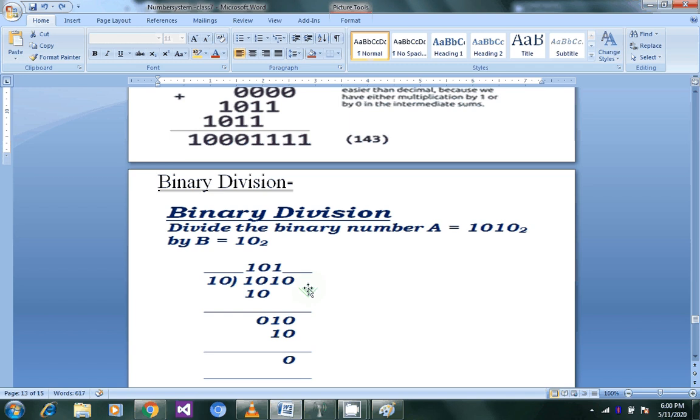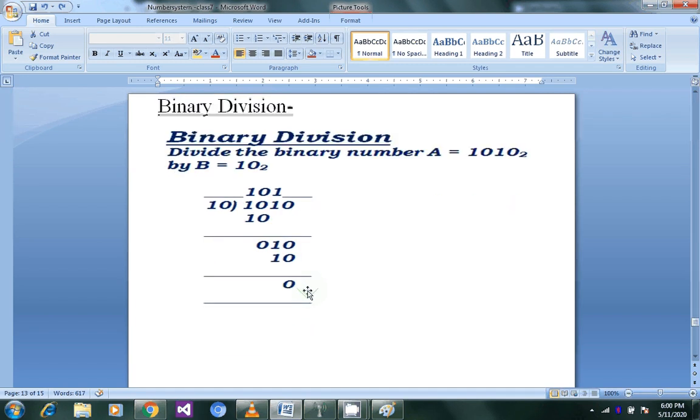Now come to binary division. See this example. Divide the binary number 1010 by 10.